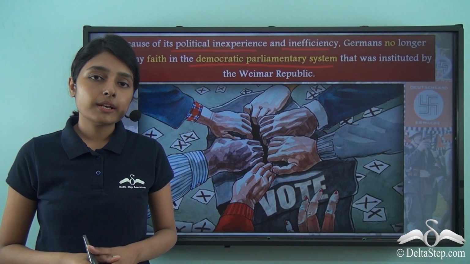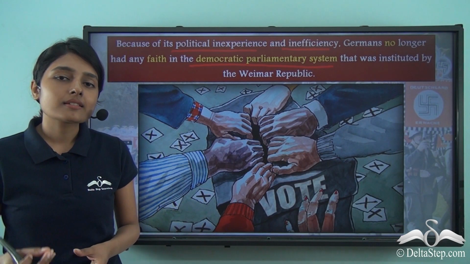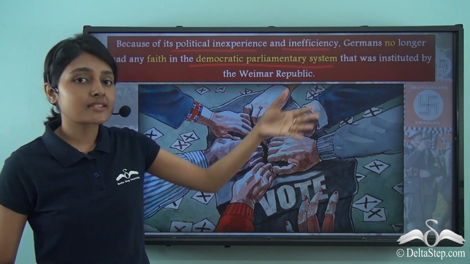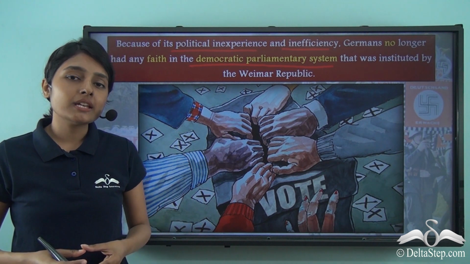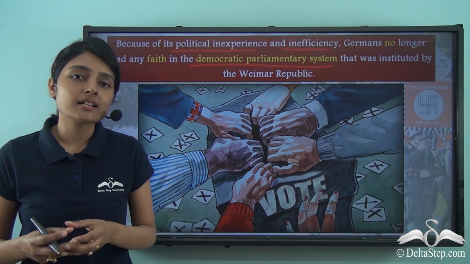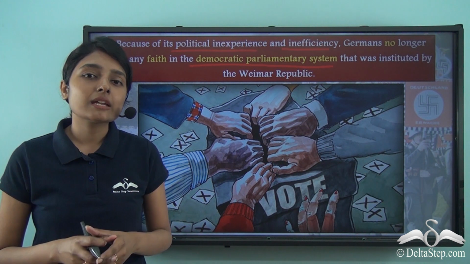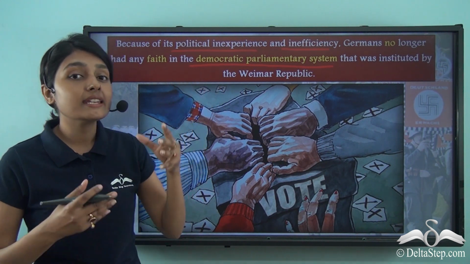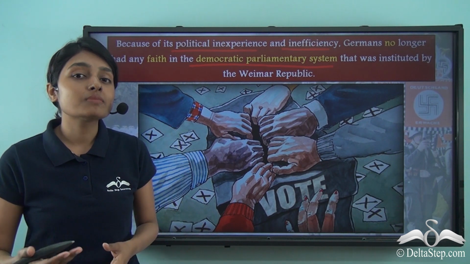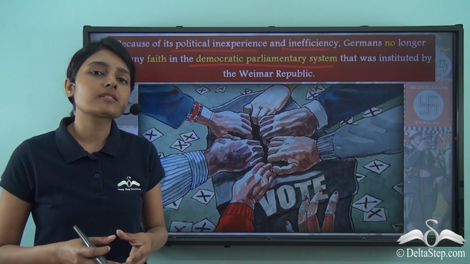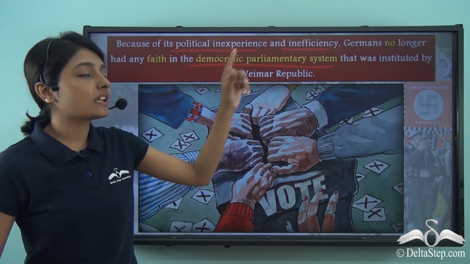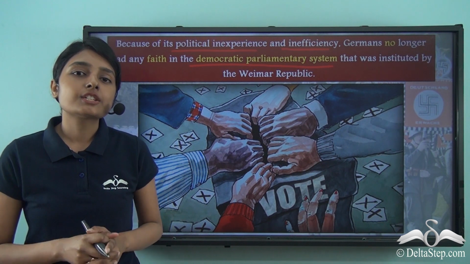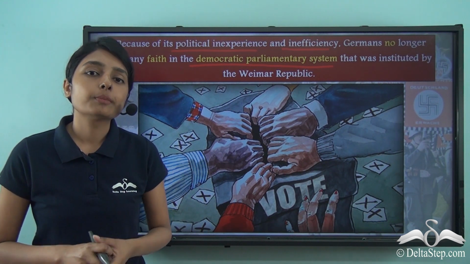Though the Weimar Republic initially gave the masses a streak of hope by instituting a democratic parliamentary system in which people's opinions would be taken into account and consideration, it was not at all able to hold the Germans together, because it was politically inexperienced, and at the same time the policymakers also instituted a whole lot of inefficient policies. All these together led to the failure of the Weimar Republic.